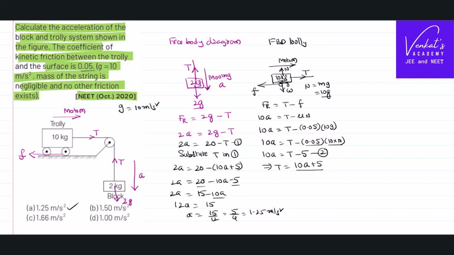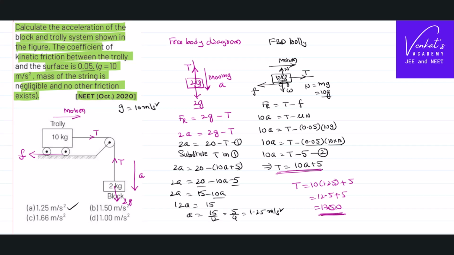Once you get the acceleration, though it is not asked in the problem, we can substitute in any of these equations and get the value of the tension. For example, the tension can be written from this equation as 10 of 1.25 plus 5. That is 12.5 plus 5, that is 17.5 Newton. Like this, we can solve any part of the problem.